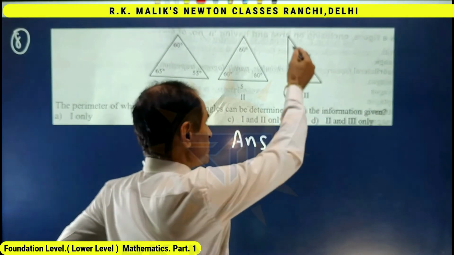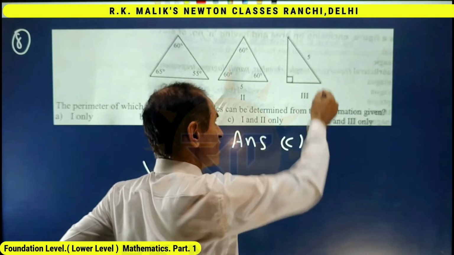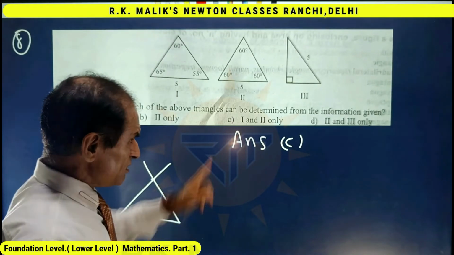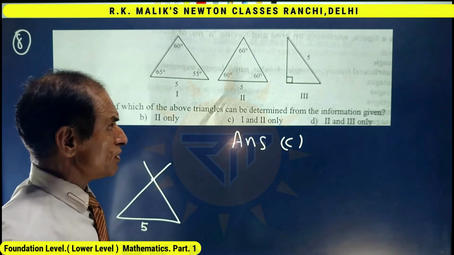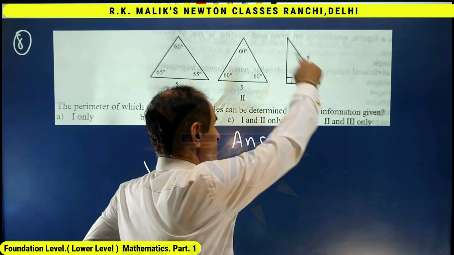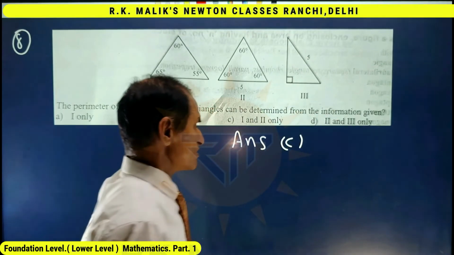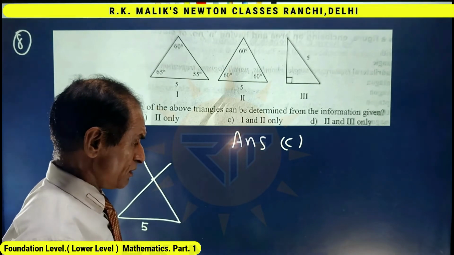But in this case, it is just given that this angle is 90 and the length of the hypotenuse is given. In this case, an infinite number of triangles are possible which have the hypotenuse as 5 and this angle is 90 degrees. How are infinite triangles possible?